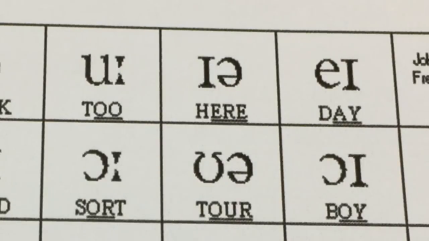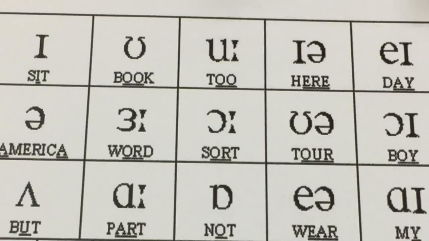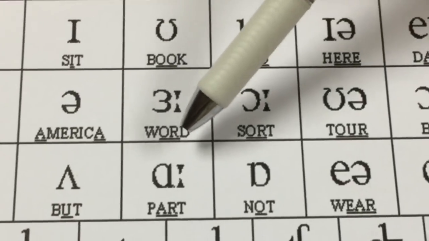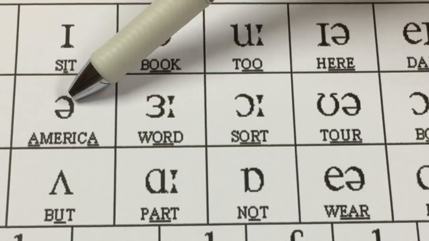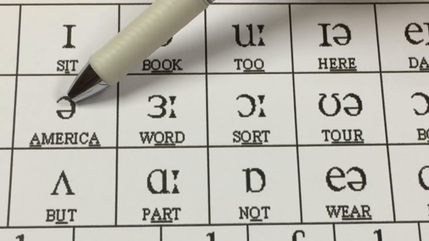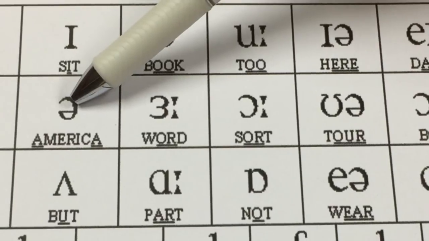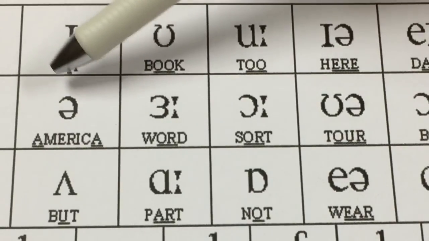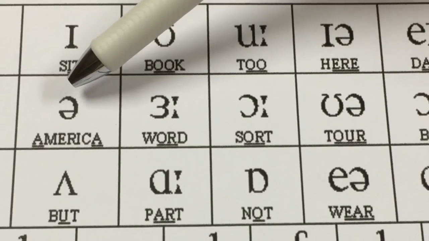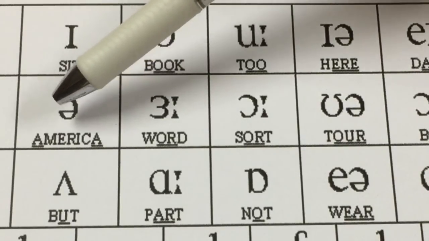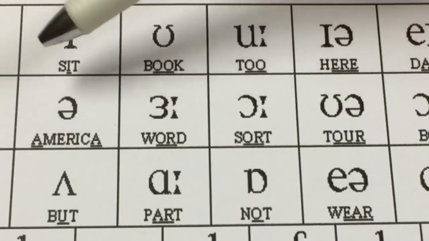Let's see another interesting example. This one is called schwa. Schwa is a half of the sound, like the first sound in America. So this one is read as America.